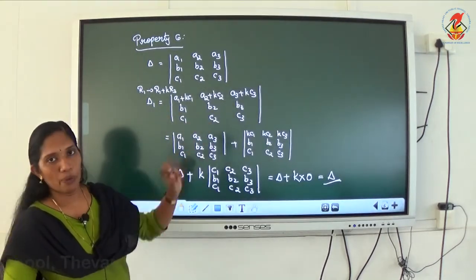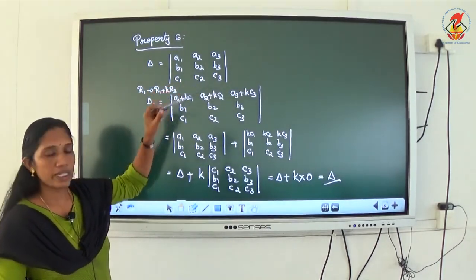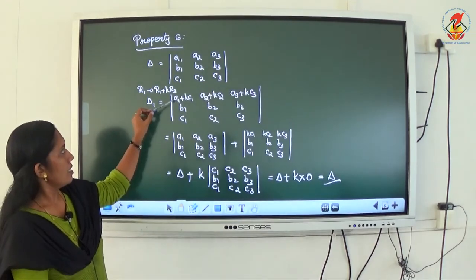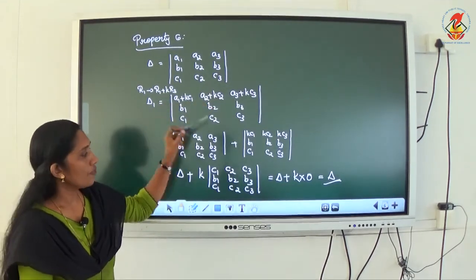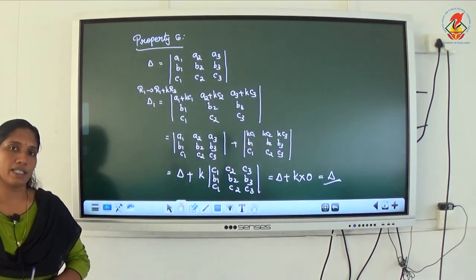Here in the first row, these KC1, KC2, KC3 are added. So we get like this, and the value of the determinant remains the same. That is property number 6.